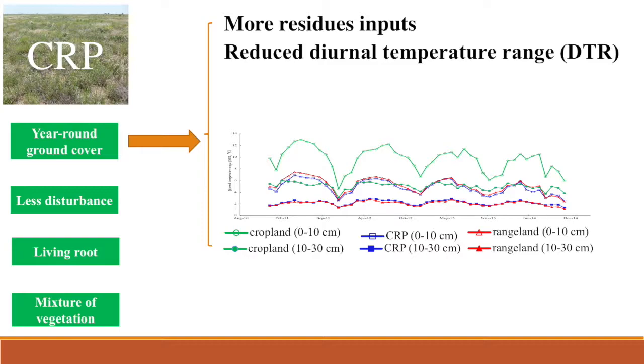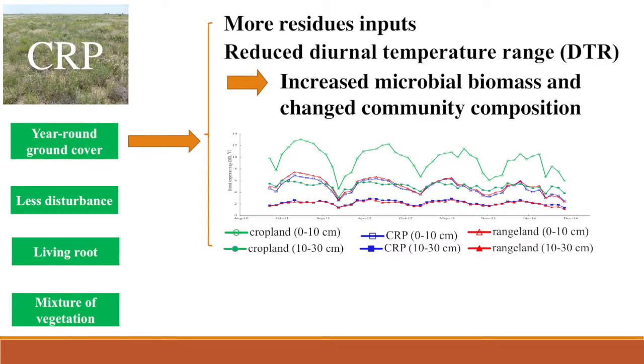In these figures, you can see that cropland at both depths has almost double the diurnal temperature range compared to the CRP and the rangeland. All those changes will increase the microbial biomass, enzyme activity, and community composition. Eventually, they will increase the soil functions.